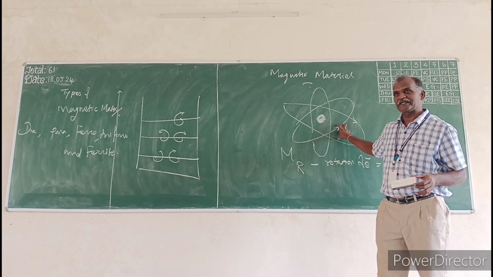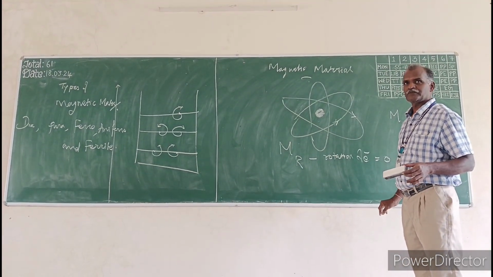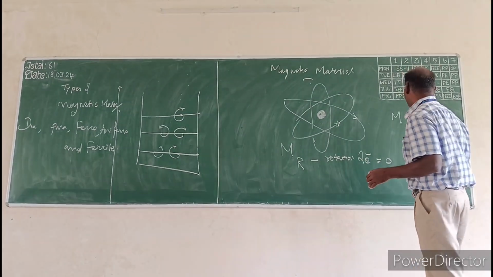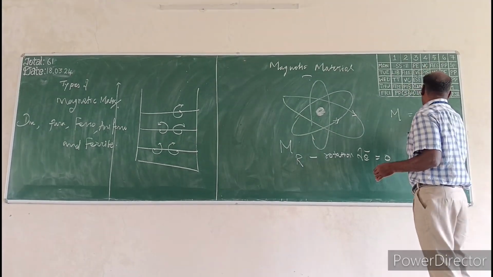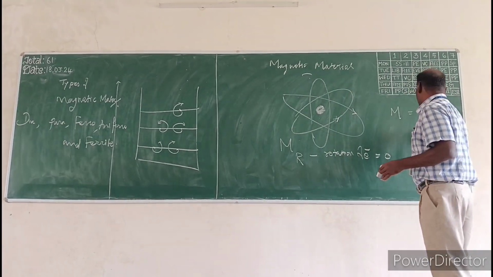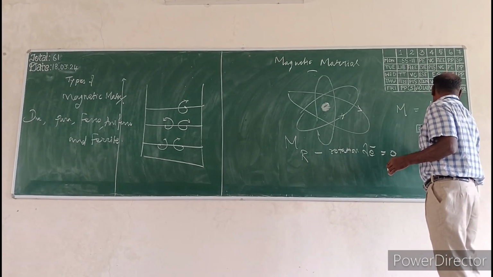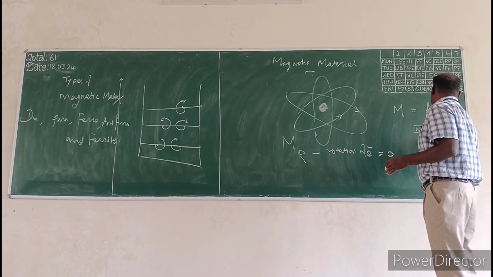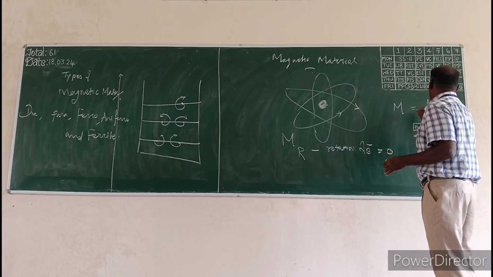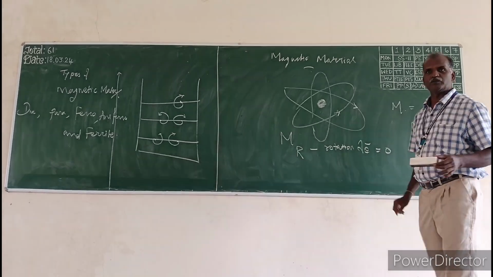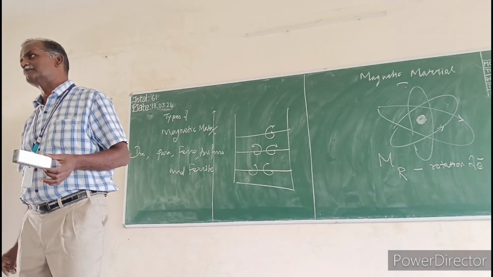It is named magnetic moment, represented by the capital letter M. Usually the magnetic moment is measured by knowing the length of the magnet and the pole strength of the magnet. Suppose it is a bar magnet with north pole and south pole. If m is the pole strength and L is the length, by knowing this, you can calculate the magnetic moment. So magnetic moment is nothing but the product of pole strength and the length of the magnet.